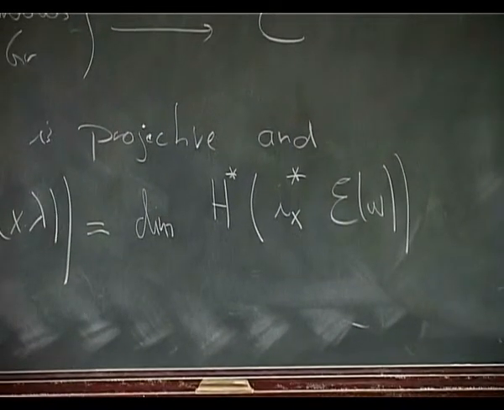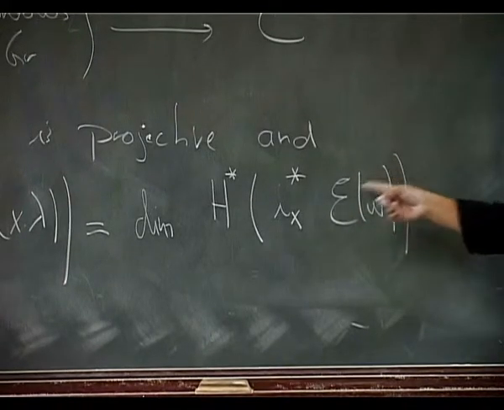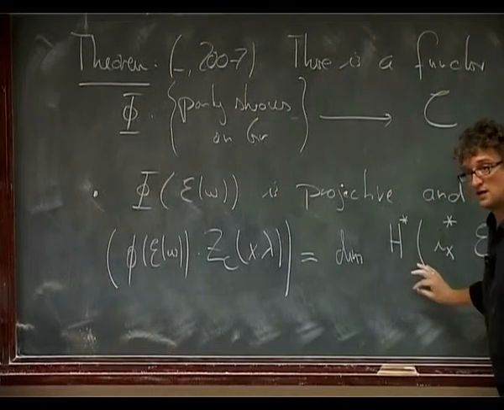So what does that say? You have this parity sheaf and in addition a link to the geometry of the affine Grassmannian.